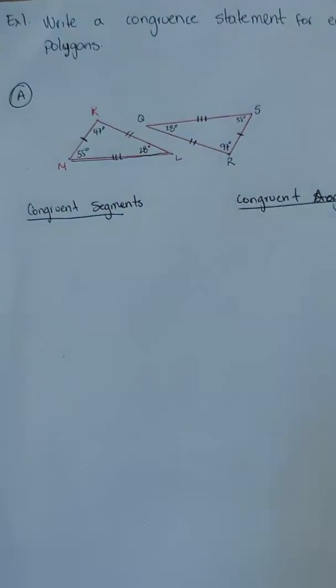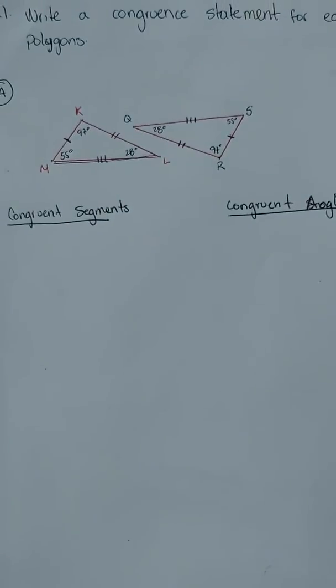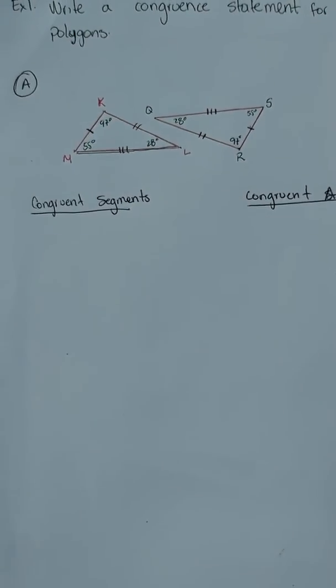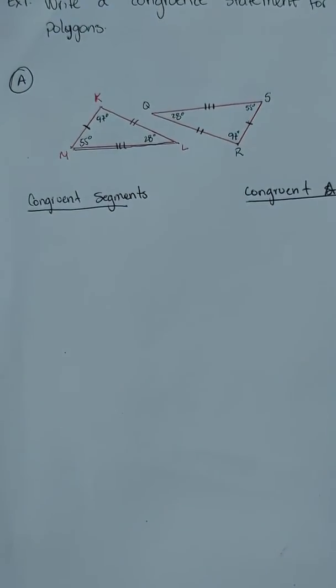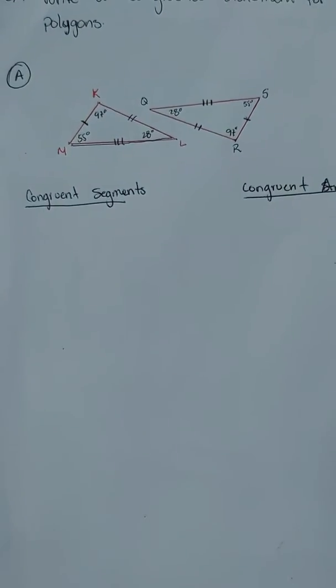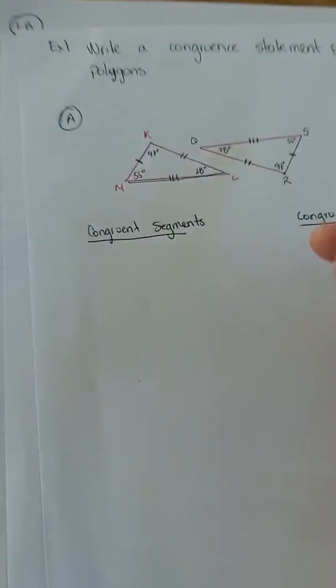So in this case, since the segments in example A are defined by those symbols, we can state the following. We can state that KM is congruent with RS.